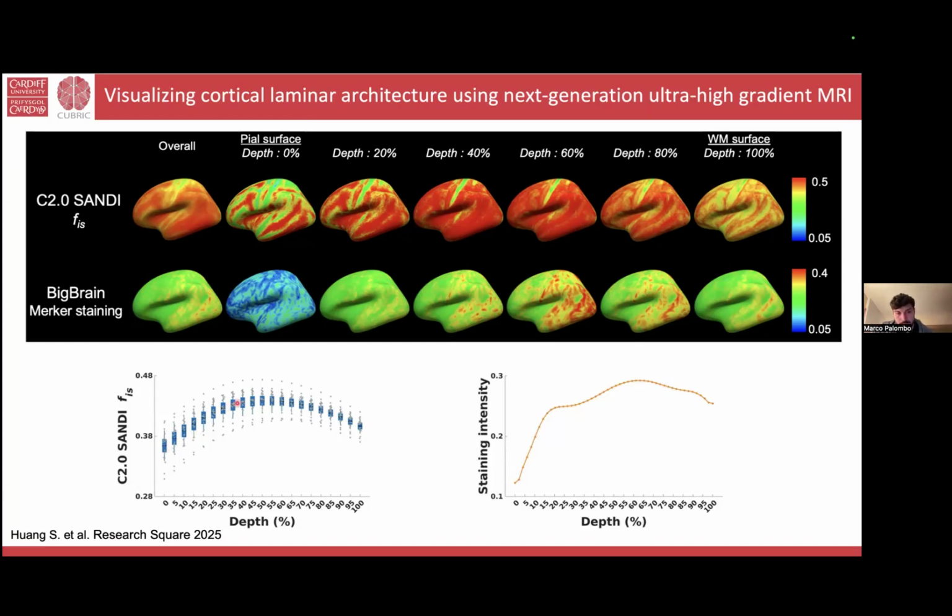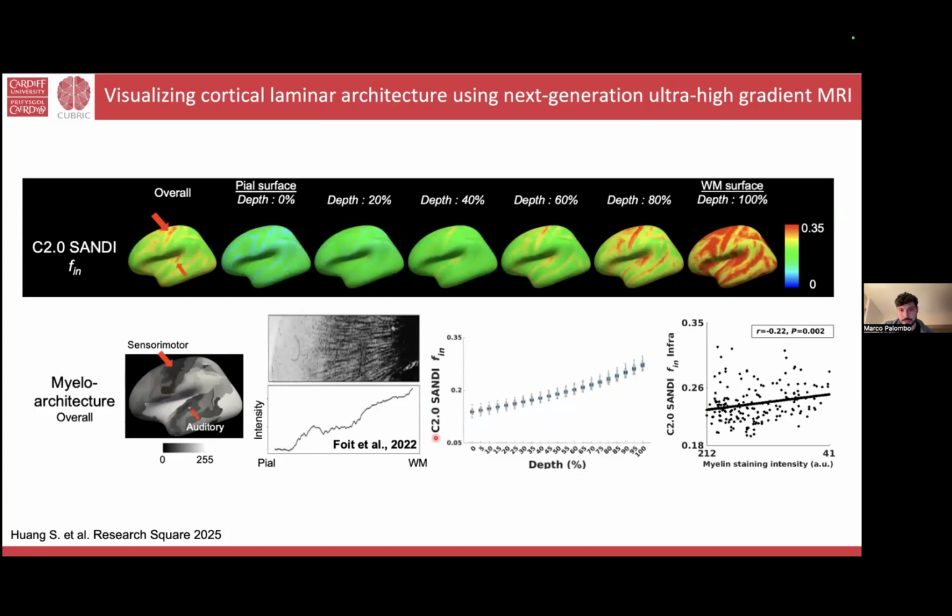And they were able to show that the SANDI intralayer contrast of cell body density was matching the staining intensity from the BigBrain. And same story, the neurite density was matching the myelin staining.